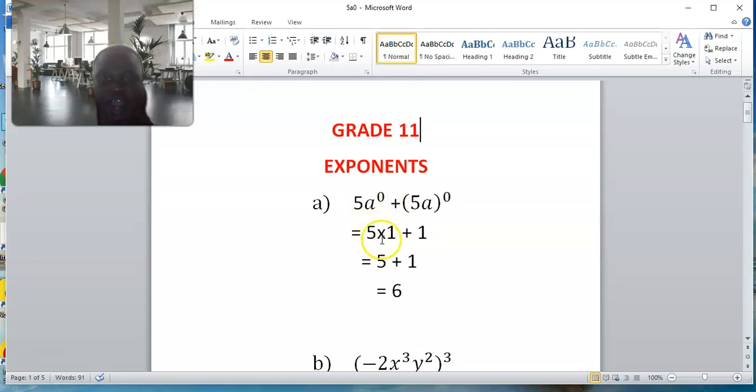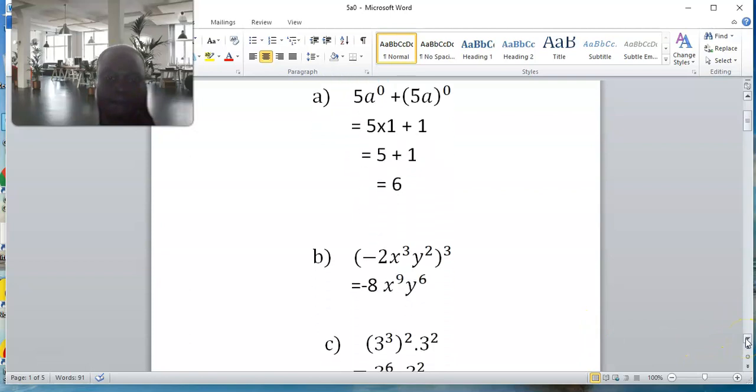So it's going to be 5 times a exponent 0, which is 1, plus the whole of 5a in brackets exponent 0, which is 1. So 5 times 1 is 5, plus 1. So 5 plus 1 is going to give us what? 6.